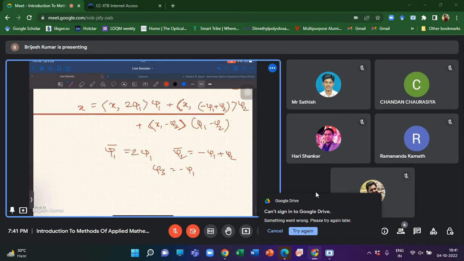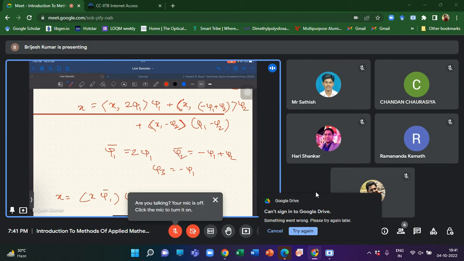This will be the frame. This frame can also be written in the form of a matrix. We can rewrite this expression as x to phi 1 bar times phi 1, plus x phi 2 bar times phi 2, plus x phi 3 bar times phi 3.